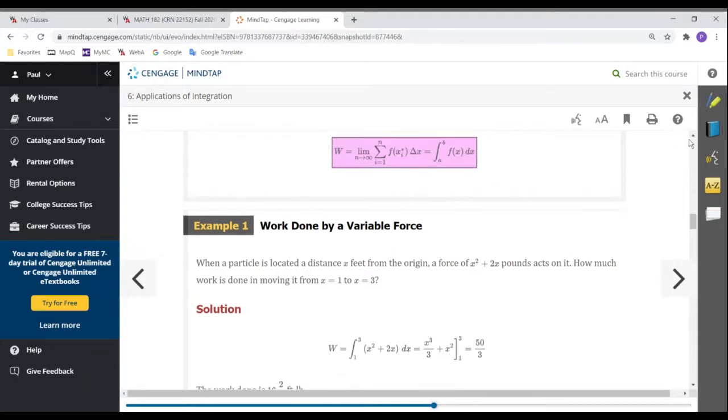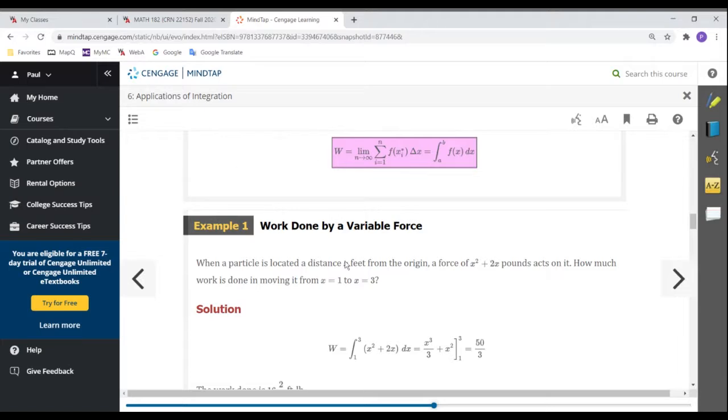Well, using the definition, and they call it a definition, but it's the truth. We were able to show that the work is in fact equal to that integral. So that is what work is.